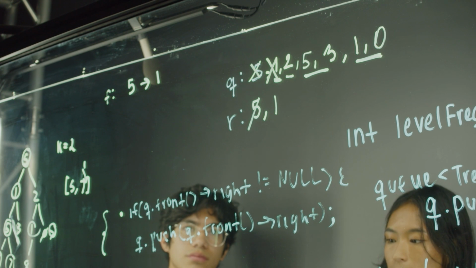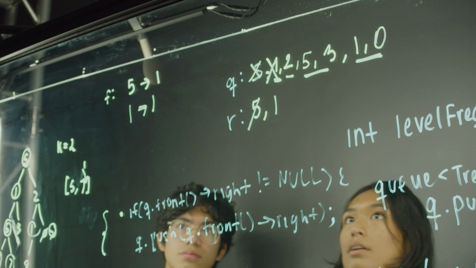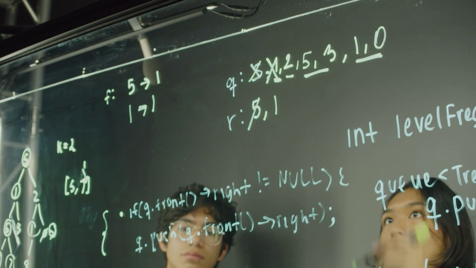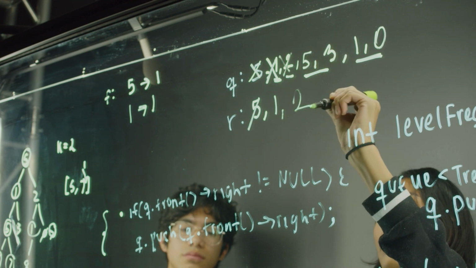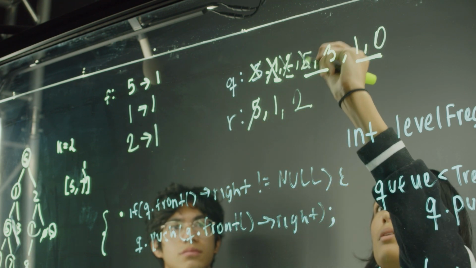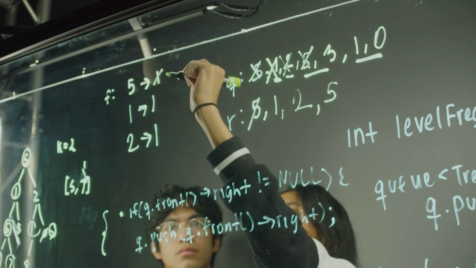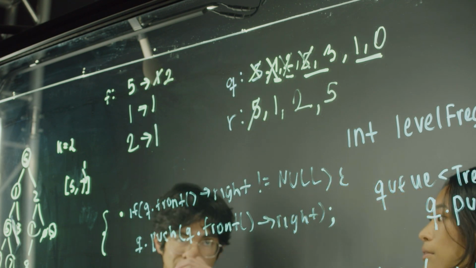Okay, and then in my map, I'm going to do 1, 1. And then I'm going to keep doing that. I'm going to pop, record it, 2, 1. Pop, record it. Then this increments by 1, so it becomes 2, and so on.